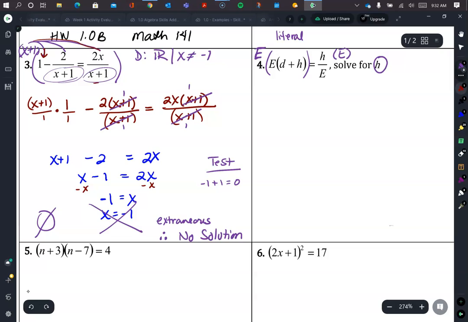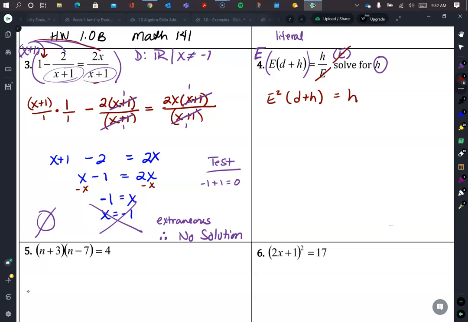And when I do that, these will reduce. And in this next step, though, I get e times e would be e squared, d plus h equals h. So that's where I'm at right now.